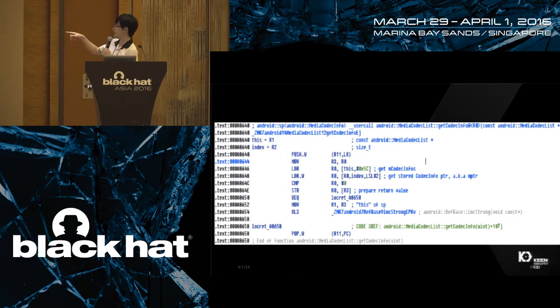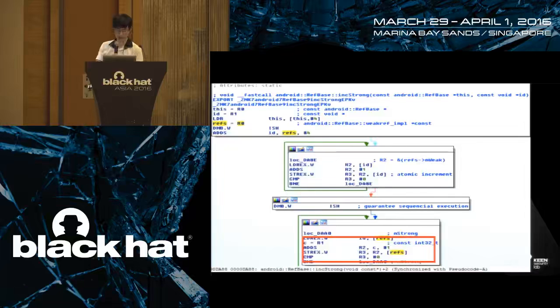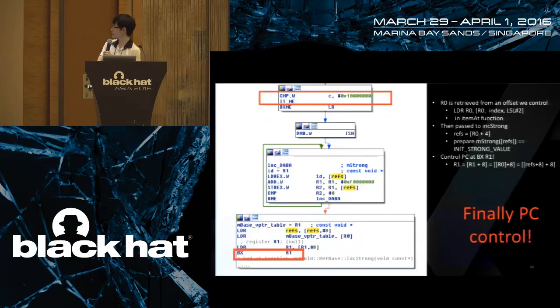The following assembly will clearly reveal this. First the mCodecInfos entry is retrieved and finally passed to incStrong. You cannot see the incStrong in the source code, but in assembly it clearly reveals that incStrong is called. After some address dereferencing, we finally reach a BX R1 here.